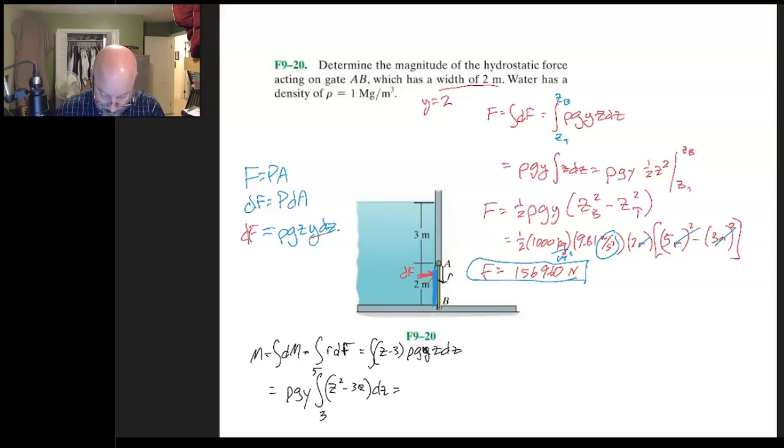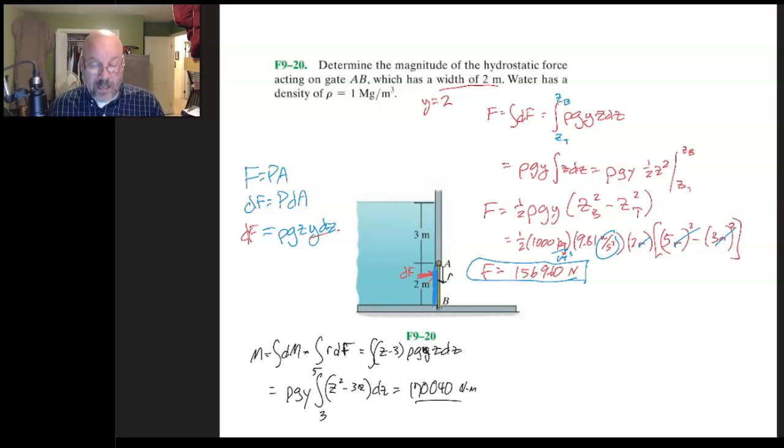So if I do that integral and I plug in all my numbers, what I end up getting is this number here, 170,040. And that's going to be in Newton meters in the end. So that's the total moment acting on the gate from the pressure.